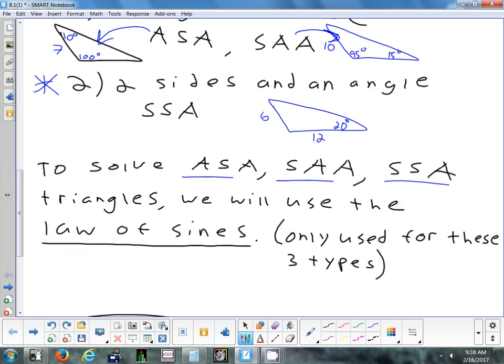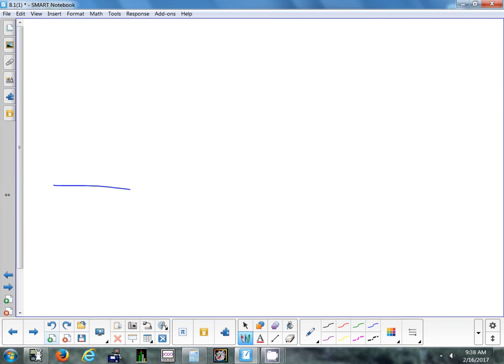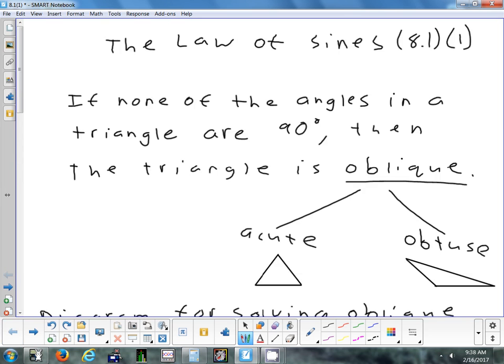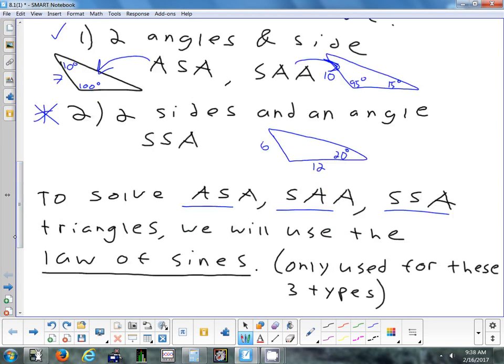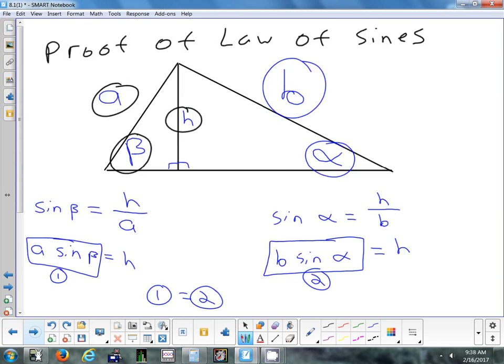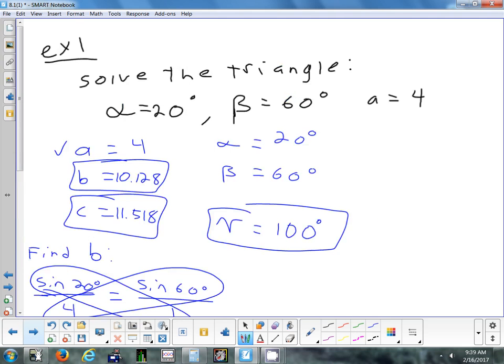That's a type that's not in that list. And if I made my table and I filled in my three sides, that's what it would look like. Is there a row that has everything in it? No. That's why side, side, side can't be used with law of sines. Okay? So the shortcut to figuring out, do I have one of these three types? Make your table and look for a row with everything in it.